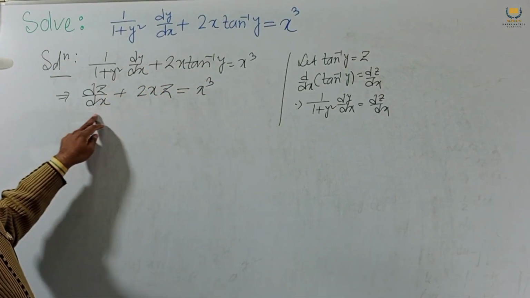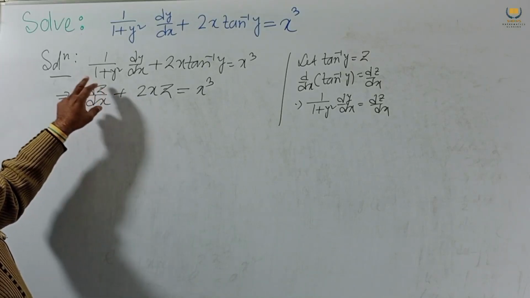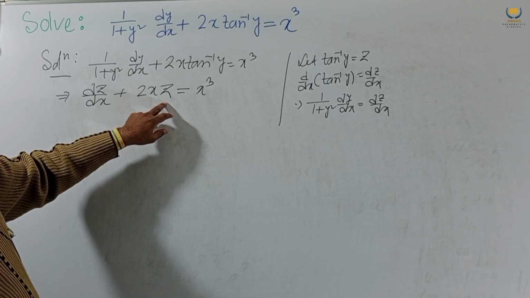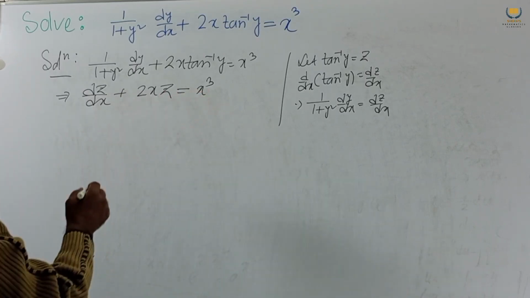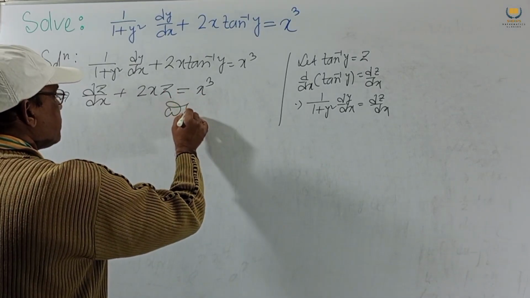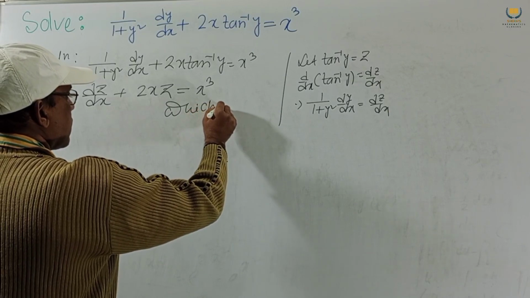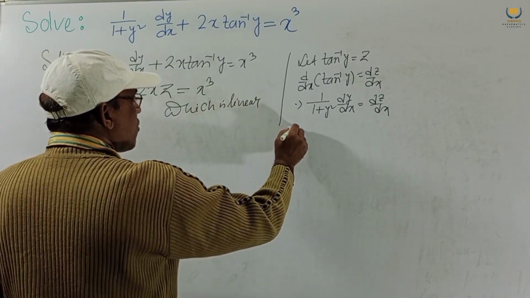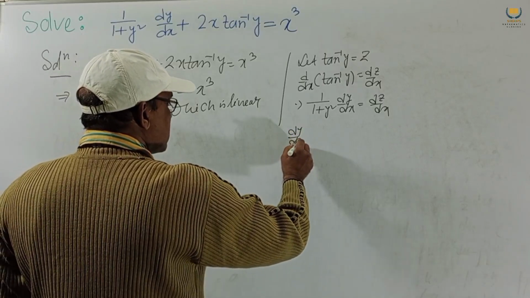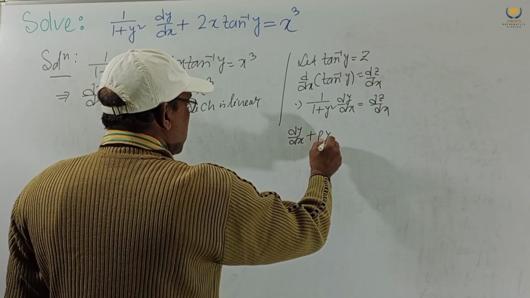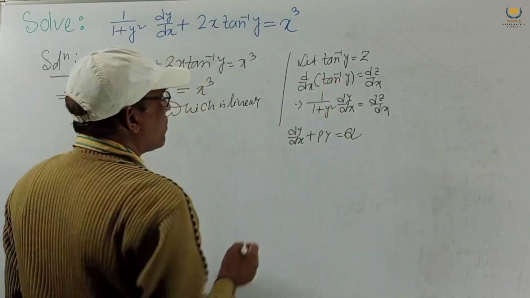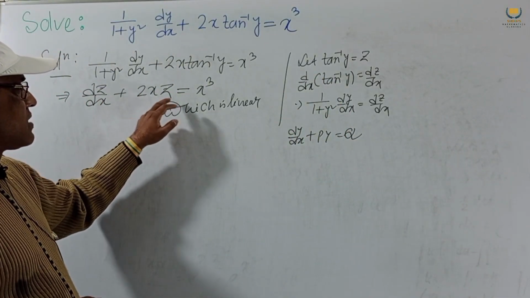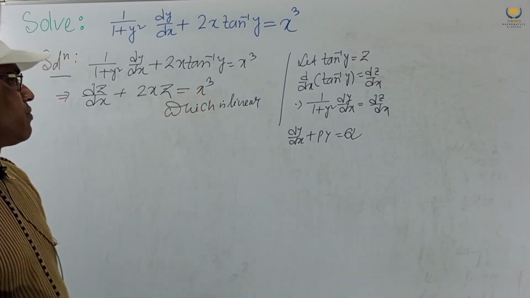So obviously this is a linear differential equation. Linear means which is in the form of dy dx plus py equal to q. Here y means z, p means twice x, and q means x cube.